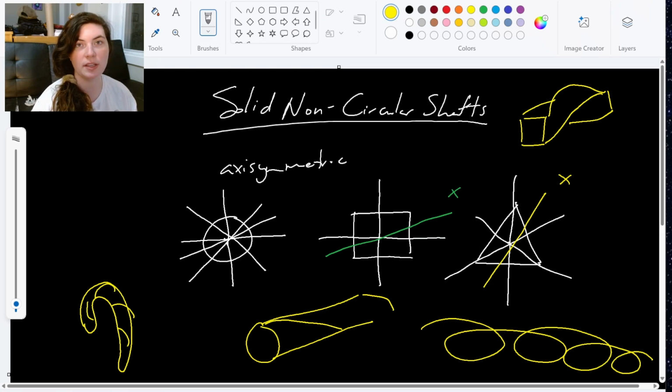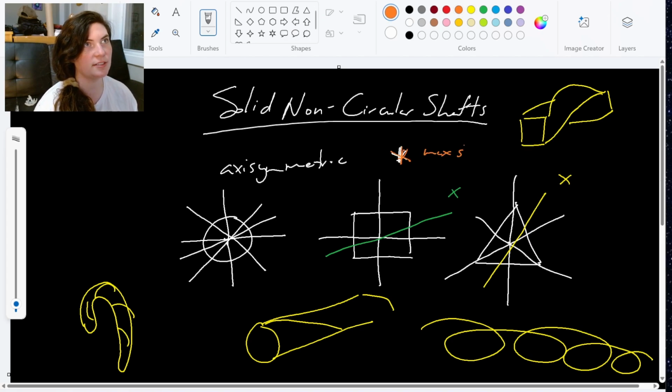So we can calculate the maximum shear stress. This is the important part, I guess.